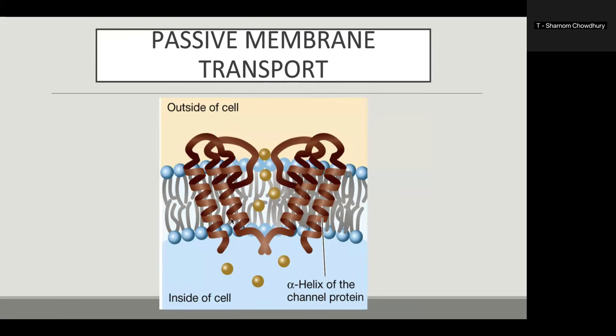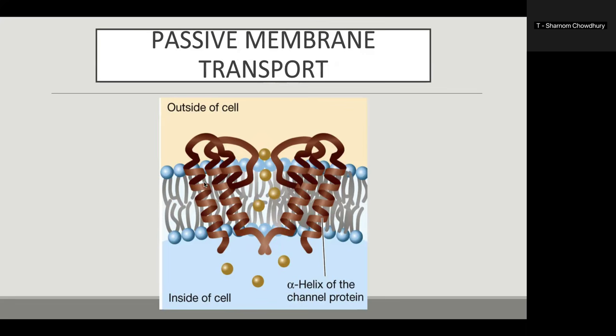The passageway of the channel here is filled with hydrophilic amino acids. The reason is that any ion that needs to be passively transported through, if it can't interact with the hydrophobic environment, needs to interact with a hydrophilic environment. So the internal passageway of membrane channels is hydrophilic so that these ions can pass through.